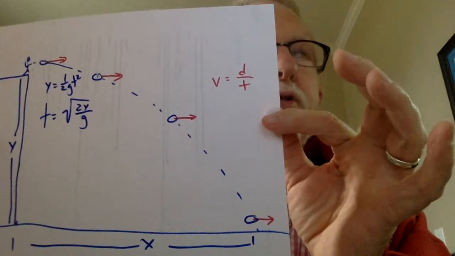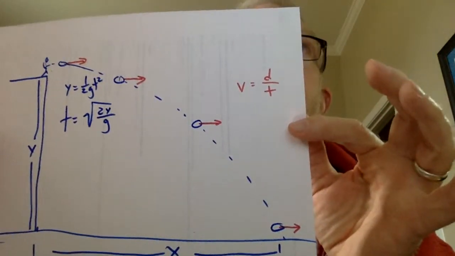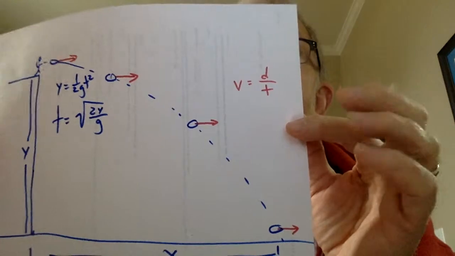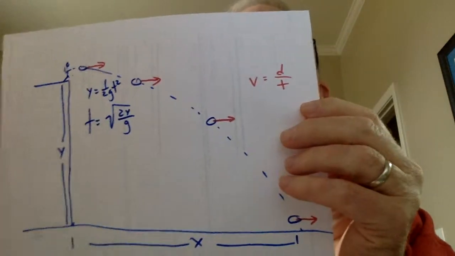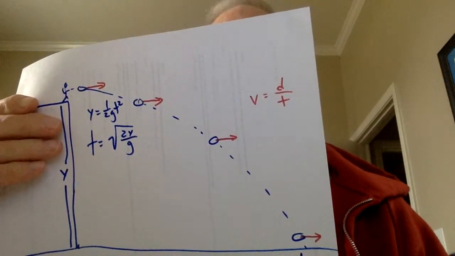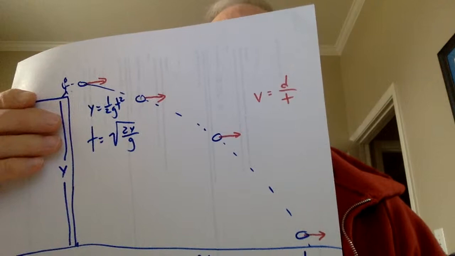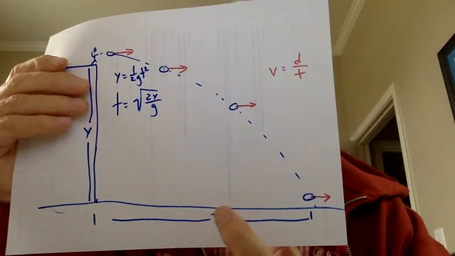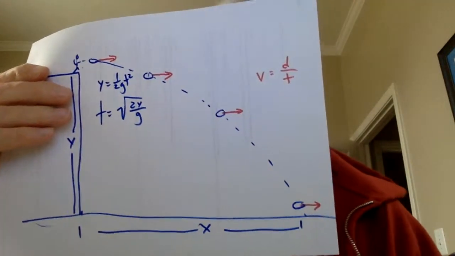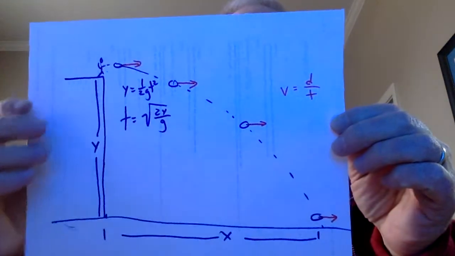That's the range. Now, there are formulas, and I put them in color coding. In red is your formula for constant horizontal velocity, which is simply distance over time, or x over time, of course.